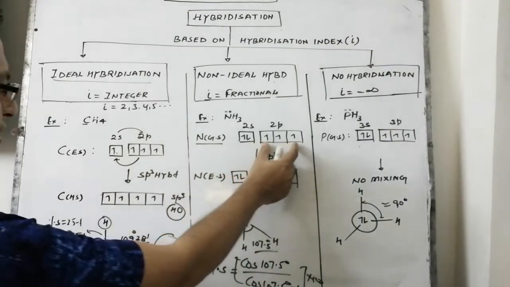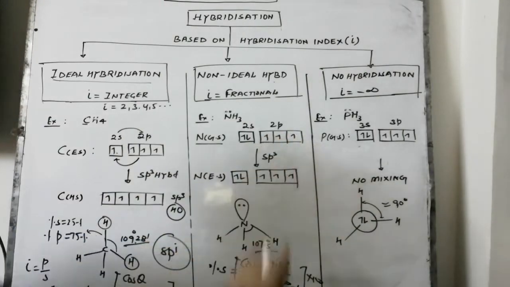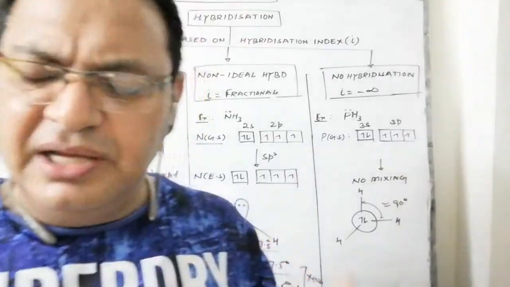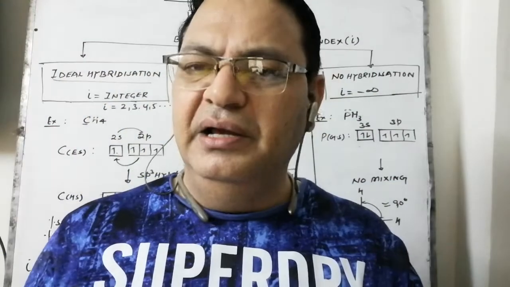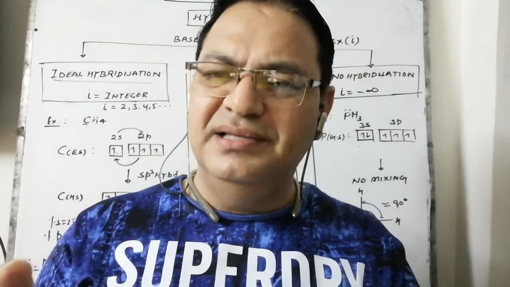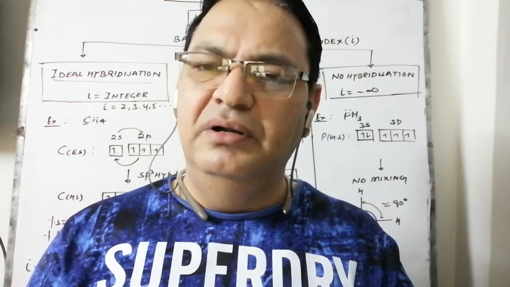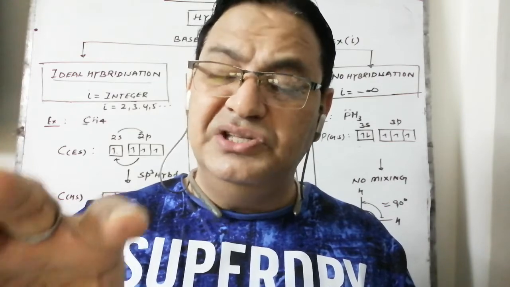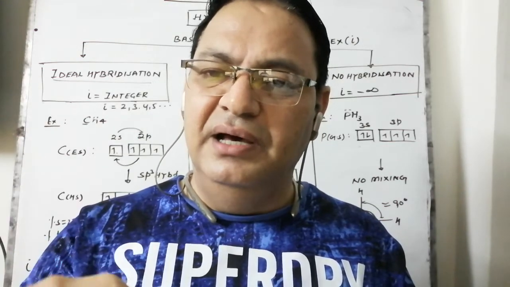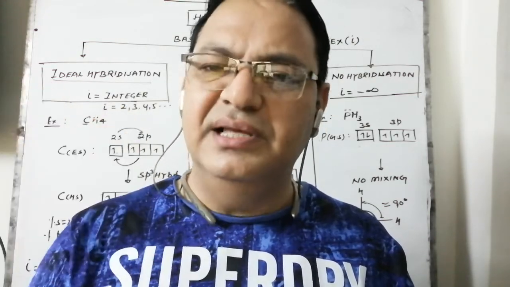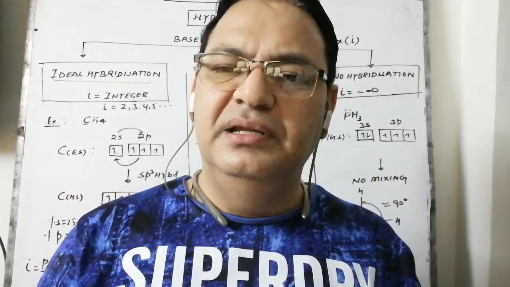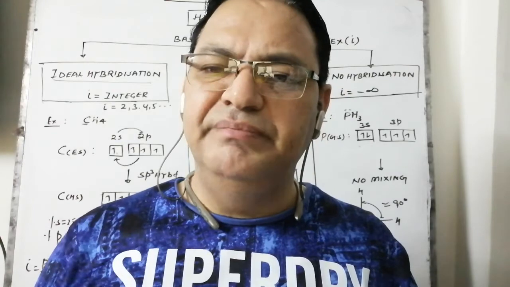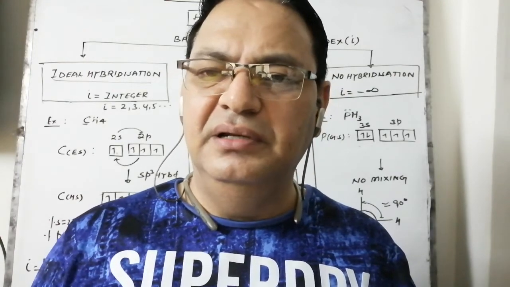So in order to fulfill the need of the p orbital, s sacrifices some of its s character towards the p, and as a result, because s is not fully involved in the mixing process, most of the percentage s character is retained by the s orbital itself, and that is the reason why in this case complete mixing has not happened.